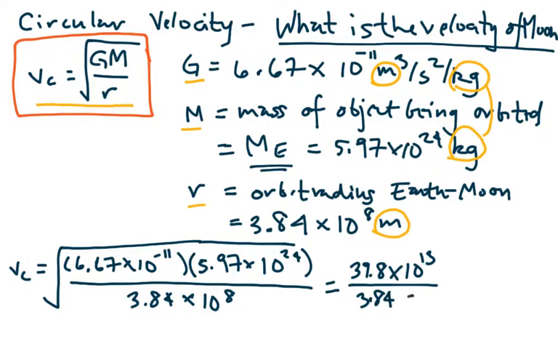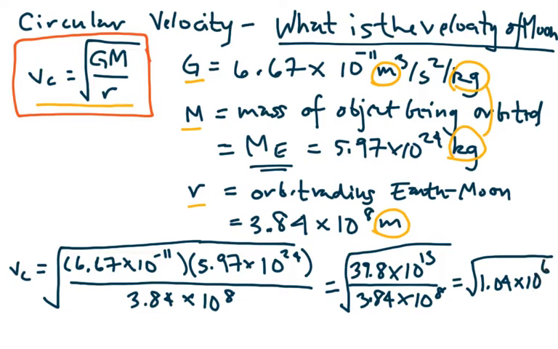Nothing has changed in the denominator, 10 to the 8, and then we'll take the square root of that whole expression, and that gives us the square root of 1.04 times 10 to the 6th. So when we take the square root of that, our circular velocity equals 1020 meters per second.